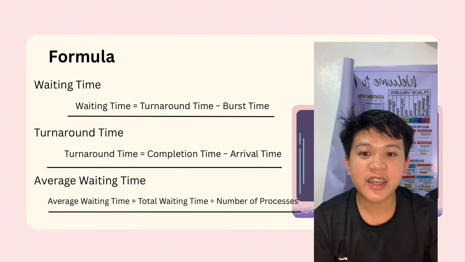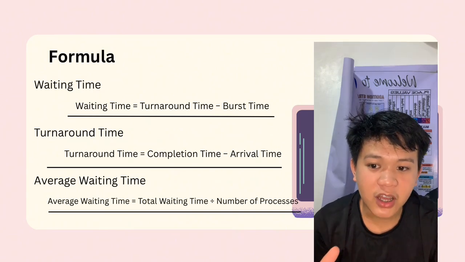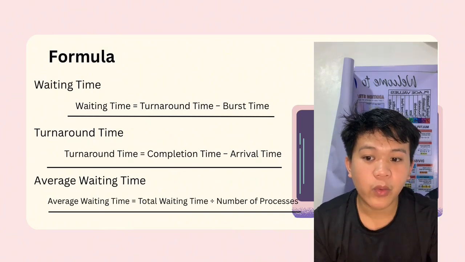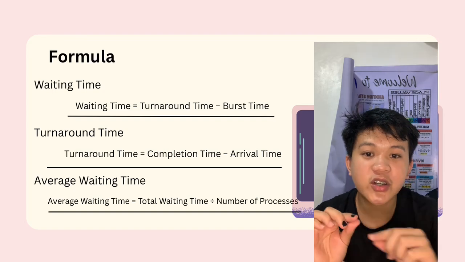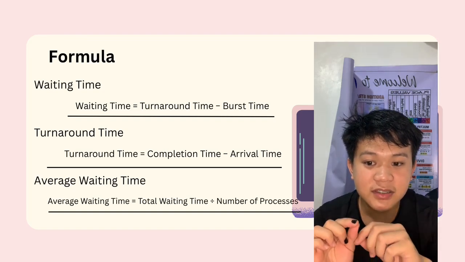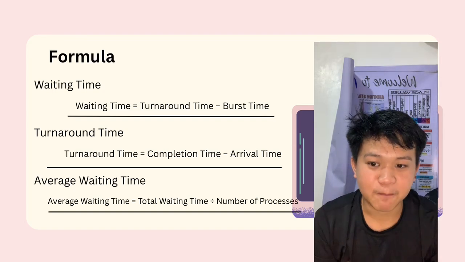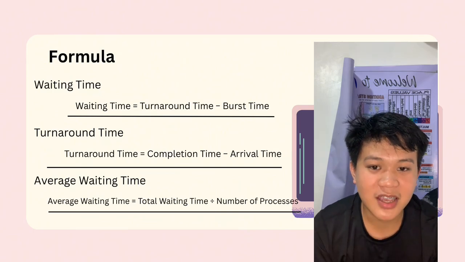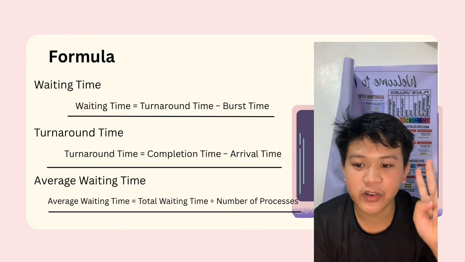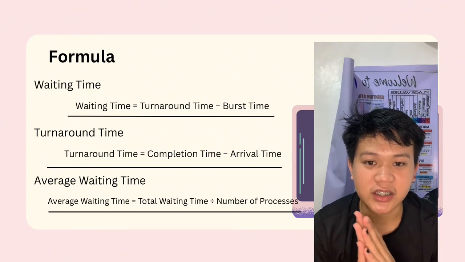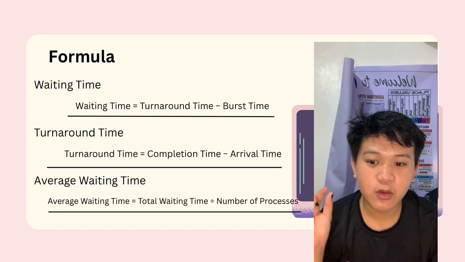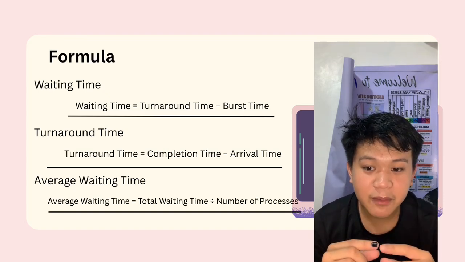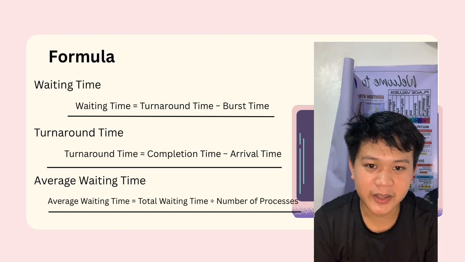So let's have the formulas. The formula of waiting time is waiting time equals turnaround time minus burst time. That is the formula of waiting time. Now the turnaround formula. Turnaround time equals completion time minus arrival time.